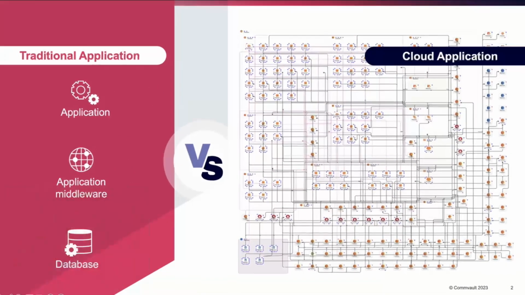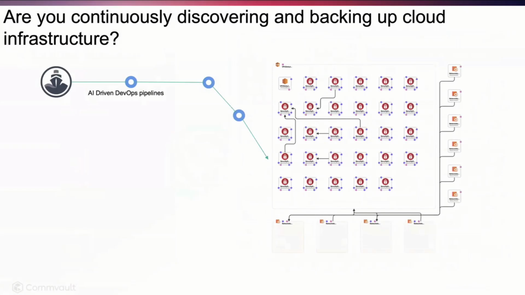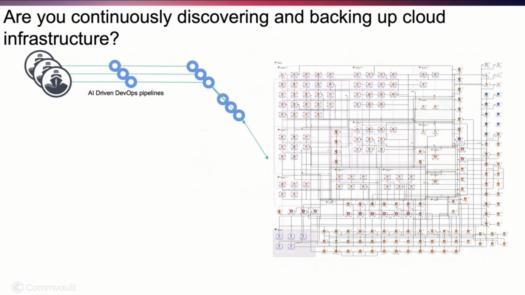And the second thing that we notice is that these application environments are changing rapidly, right? They are not sitting idle. These application environments are being driven, let's say, by the latest buzzwords, like AI-driven DevOps pipelines. They are literally now being driven by Copilot-created code, which means that they are changing the cloud environment faster and faster and sooner and sooner.